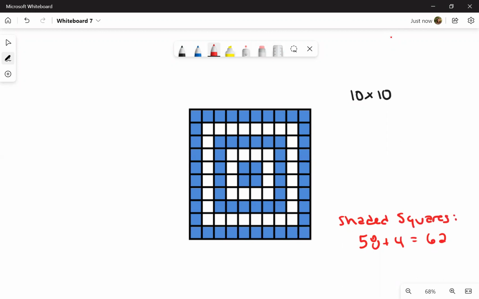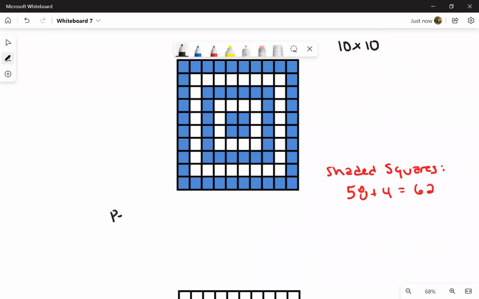Okay, so what's really nice is that because there's 100 squares, it actually makes sense right away to think of this as a percent, because a percent is always out of 100. That means that this would be 62%.